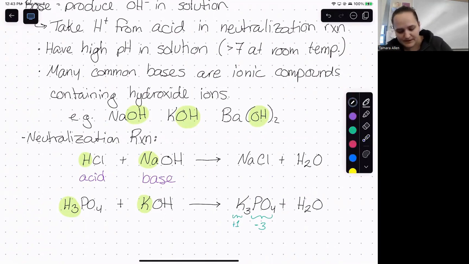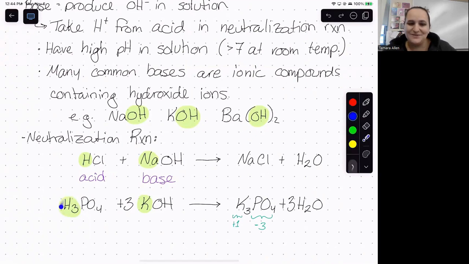So to balance this, I currently have 3 potassium ions on the right and only 1 on the left. So I can put a coefficient of 3 in here. That also gives me 3 hydroxide ions, which paired up with my 3 hydrogen ions to produce 3 water molecules.